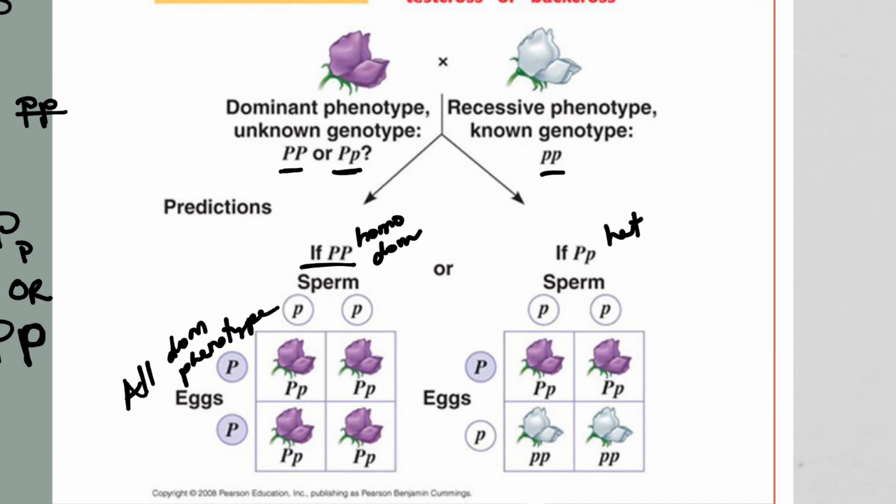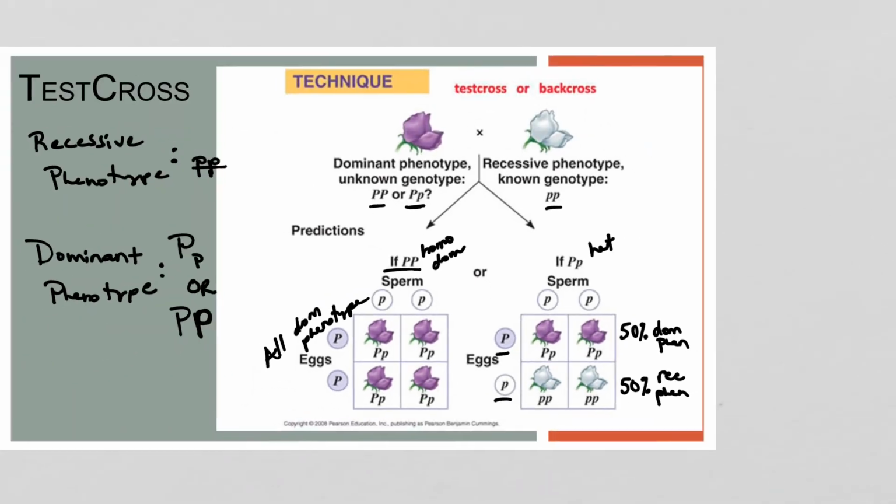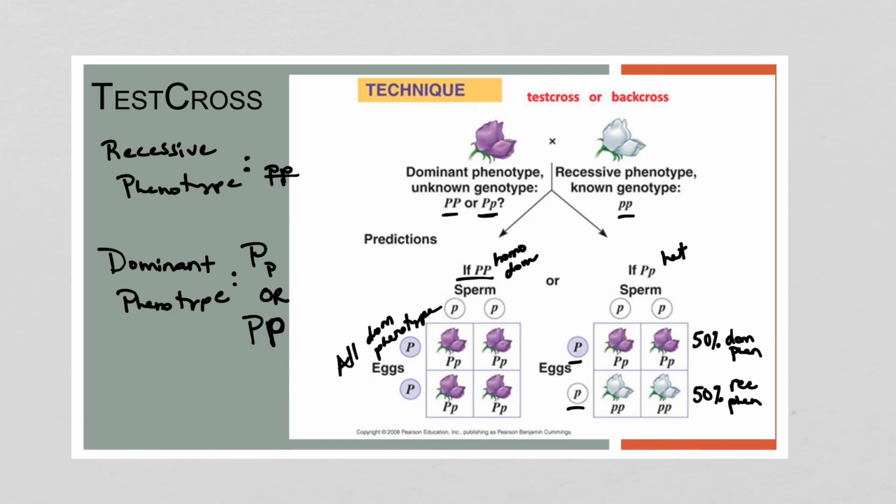However, if the parent plant is heterozygous, then you're going to end up with 50% dominant phenotype and 50% recessive phenotype. And so test crosses are used in that way to work backwards and determine what the genotype is in the case that it's a dominant phenotype and you don't know whether it's homozygous dominant or heterozygous.